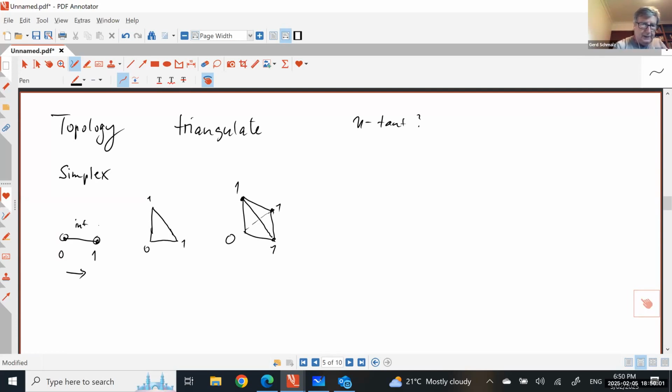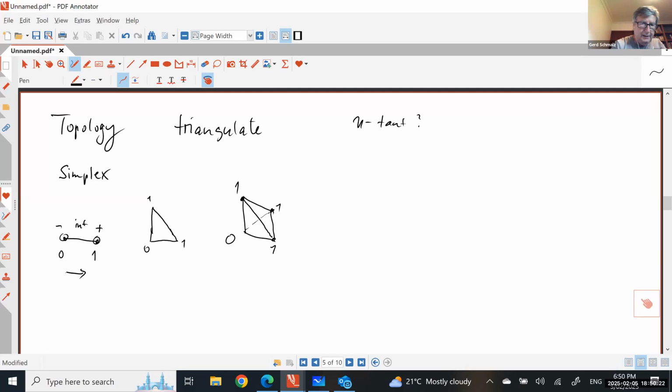And then we get the right bound positive and the left bound negative. So here actually the boundary consists of two pieces. A plus and a minus.